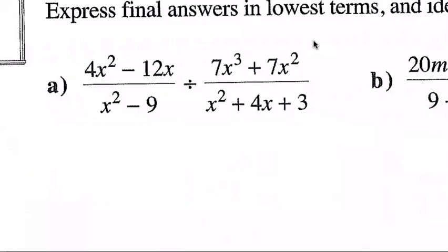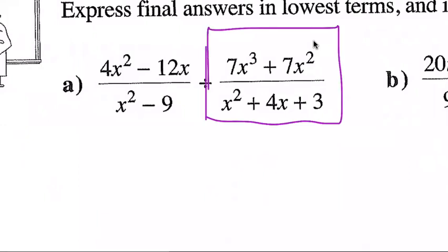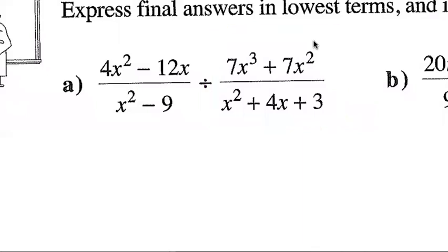So let's look at A. I'm going to factor A at the same time as I flip this and factor it. Okay, so lots of steps all combined in one here. So let's factor 4x squared minus 12x.